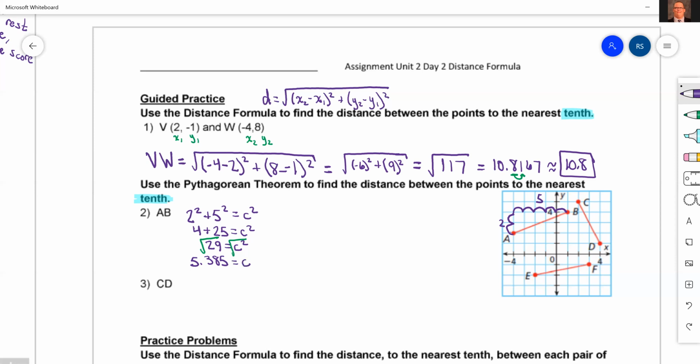Since it says the nearest 10th, I need to round. So I want the 10th. The 8 tells me I need to raise the 3 up to a 4. That means C equals 5.4.